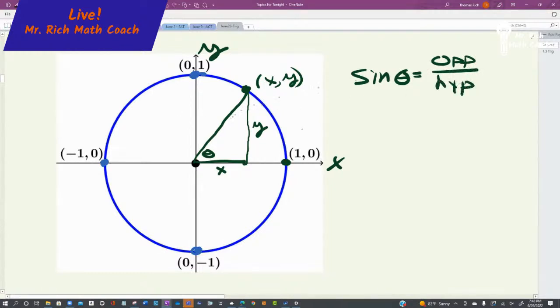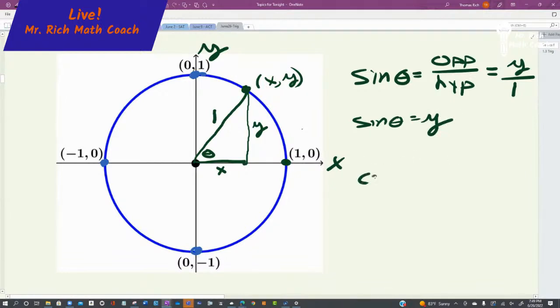Well, in this case, the opposite side is the length y. But what is the hypotenuse? The hypotenuse we already established was length 1, so it's y over 1. So we can say that sine theta is simply whatever the y coordinate is in our unit circle.